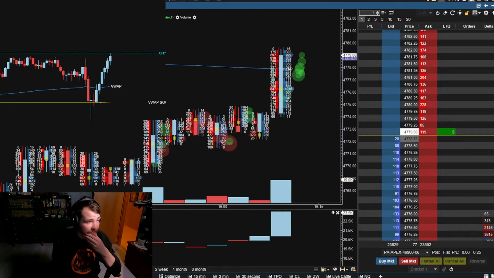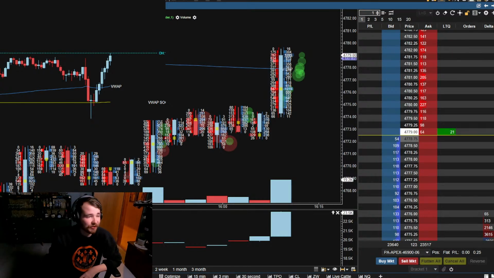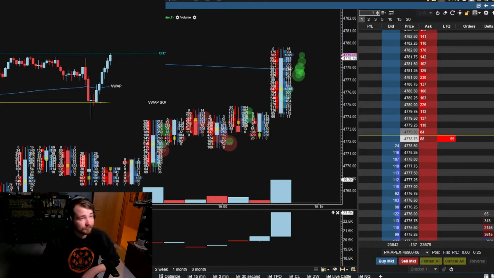This is a funded account I'm trading. I might as well put my Rithmic Trader Pro out there, so y'all can see actually what my stats look like for today, and overall what my PNL is.